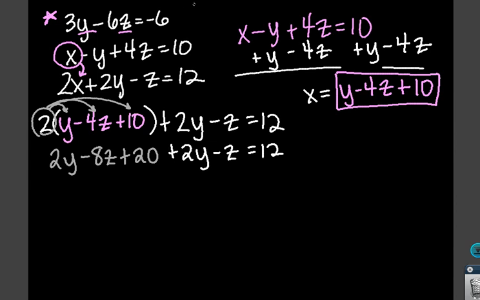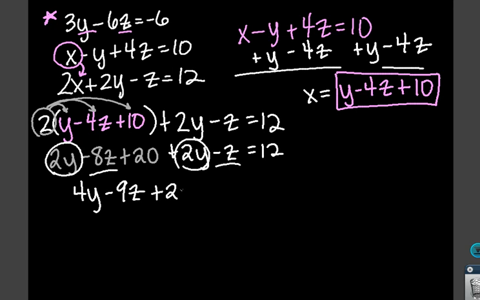And now we're going to clean that up. We're going to combine like terms. We have 2y and 2y. What does that give us? 4y. We have negative 8z and negative z. What does that give us? Negative 9z. And then is there anything to combine with the 20? Nope. So we just put plus 20 equals 12.